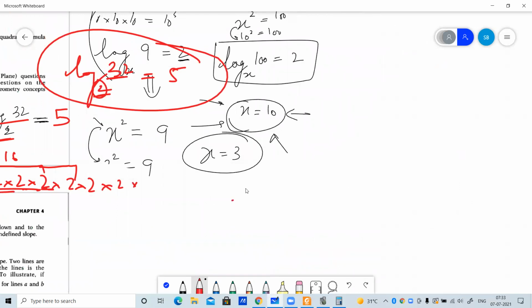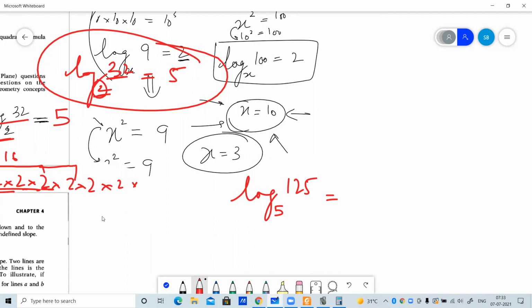For example, log of 125 to the base 5 is how much? What do you mean by this? Log of 125 to the base 5. That means what power should we raise 5 to get 125? I don't know the number.